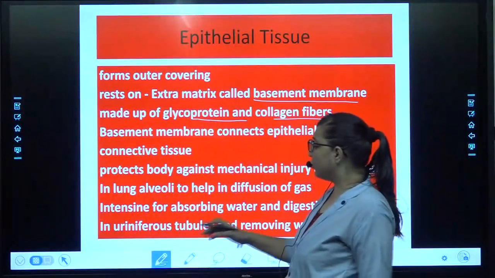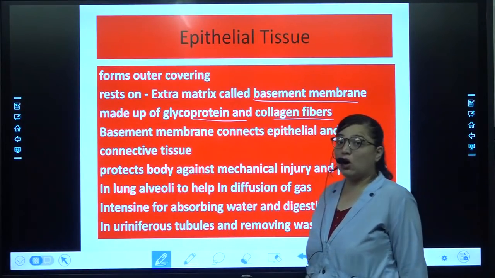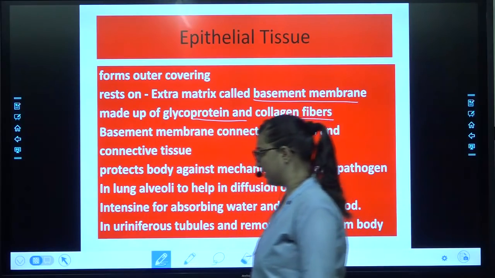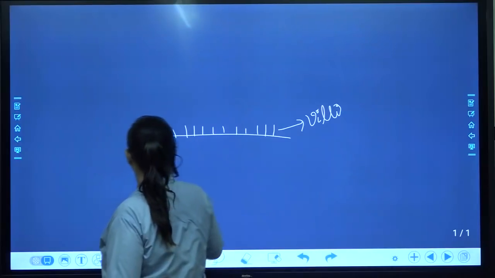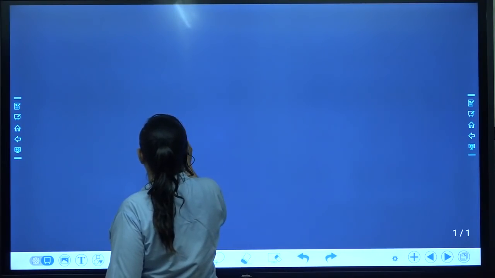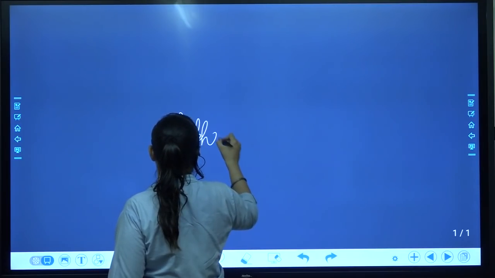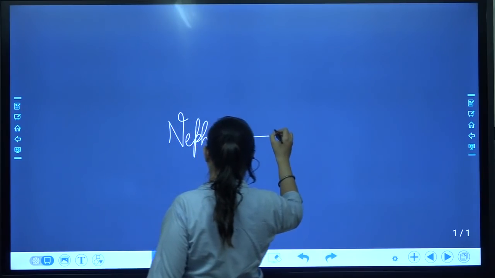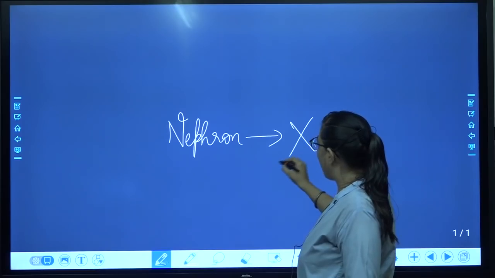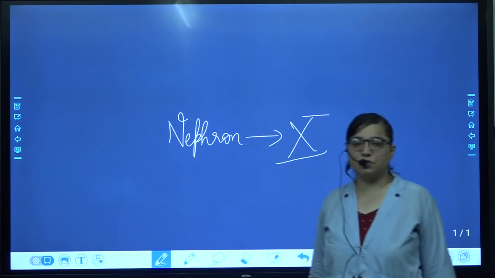Next, in uriniferous tubules and in removing wastewater. Try to recall, I had taught you where these uriniferous tubules are present. These uriniferous tubules are present in nephrons, which are a part of the kidney. In class 10, you are going to study how the nephron is responsible for removing all the waste material.